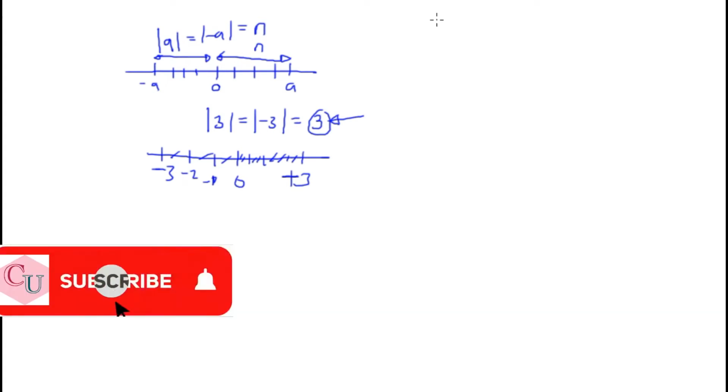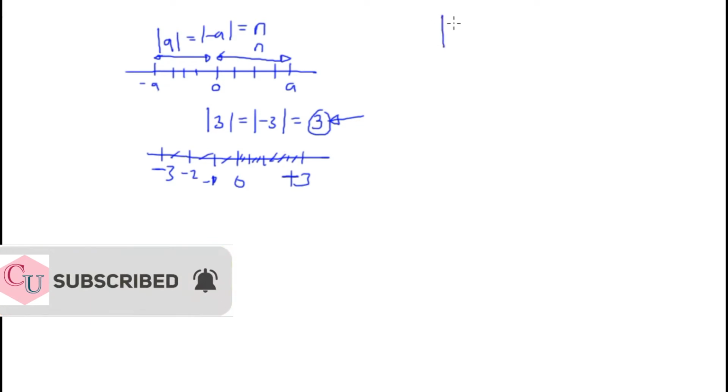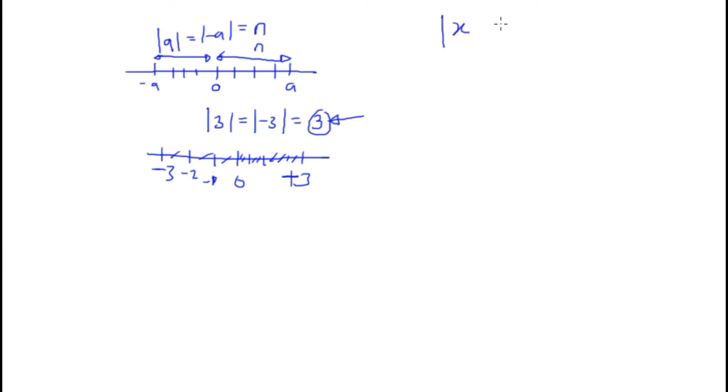So let's say you have the absolute value of x less than 4. Now if you are given this kind of inequality, what they want you to find are the values of x whose units away from 0 is less than 4. That is, the absolute value of a number x is less than 4. There are lots of numbers whose absolute values are less than 4.